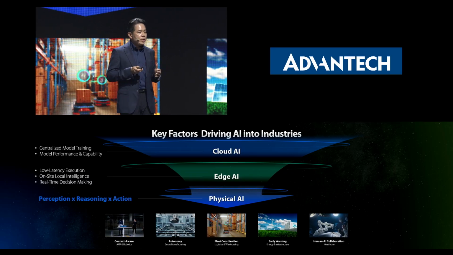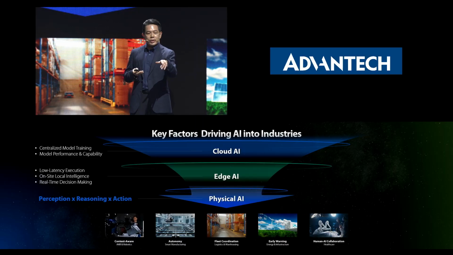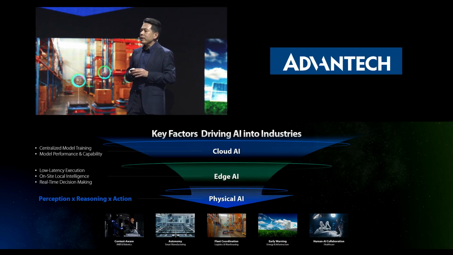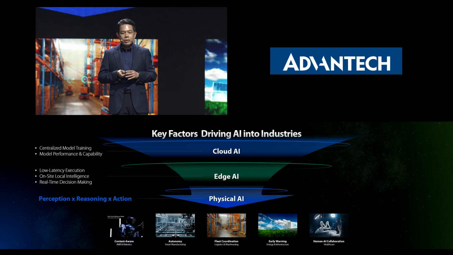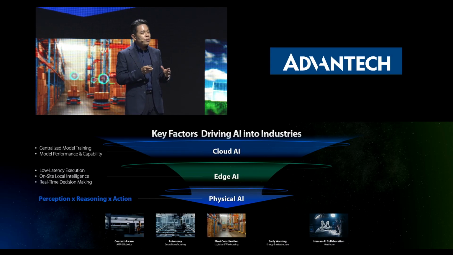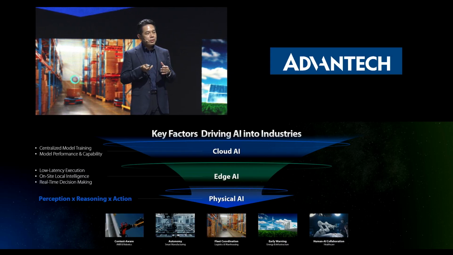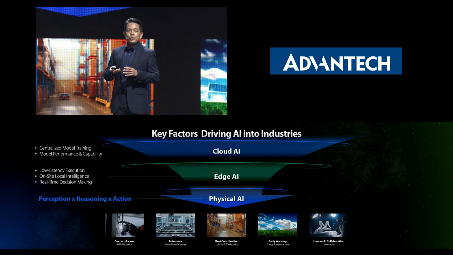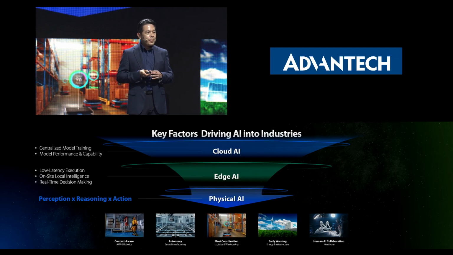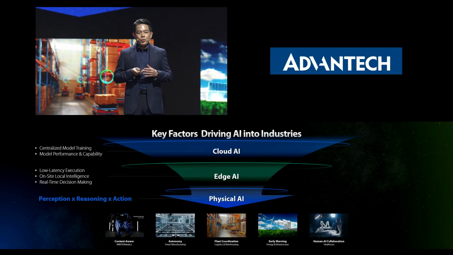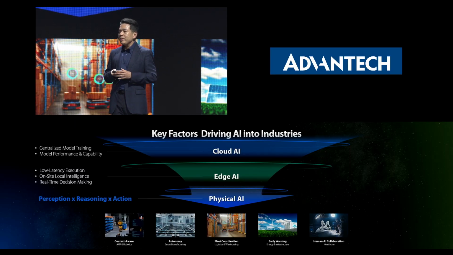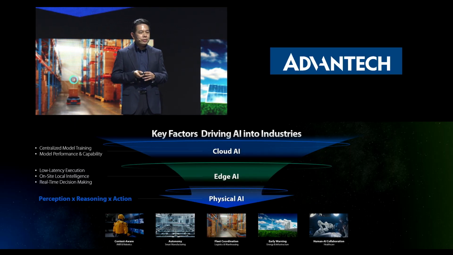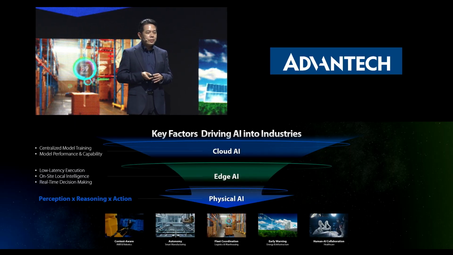As we have experience serving several industries, you can see AMR robotics, smart manufacturing, and also human and AI collaboration in the healthcare industry. So Edge AI has begun to realize precision, reasoning, and sensing action in our real world.